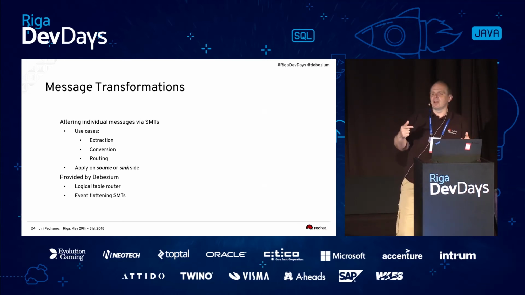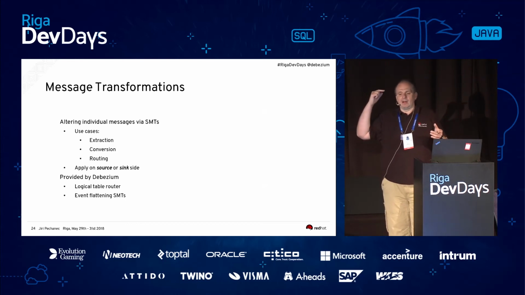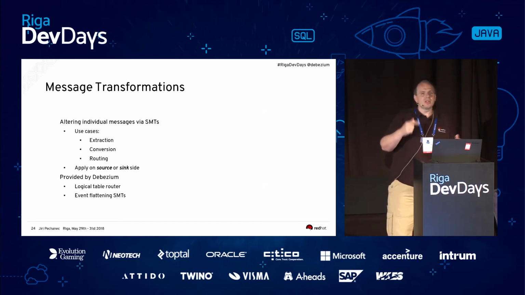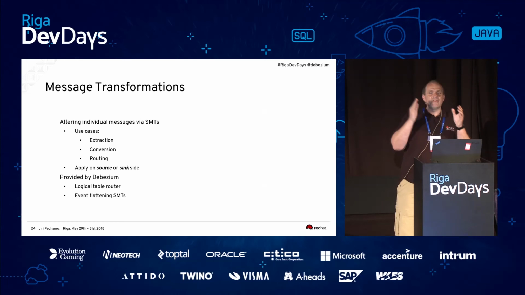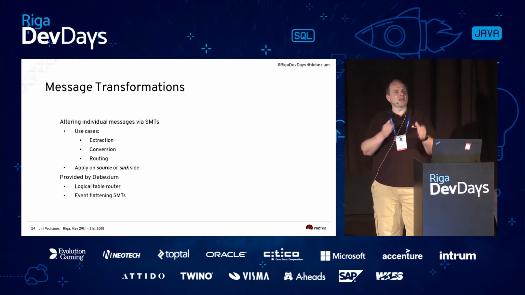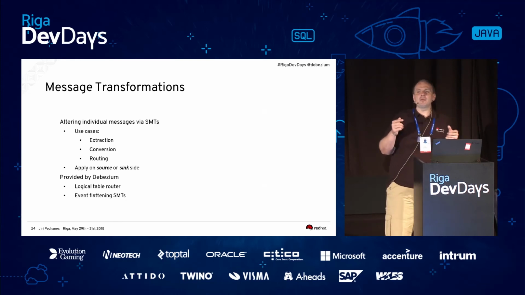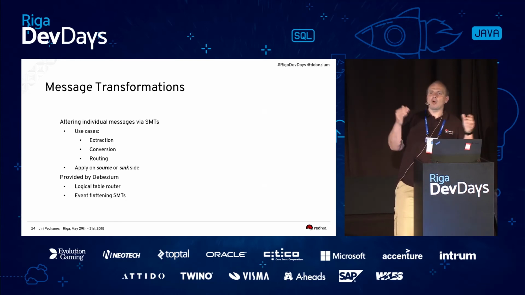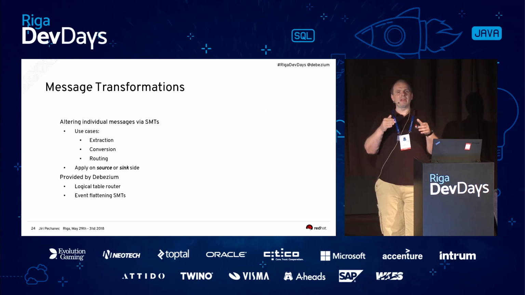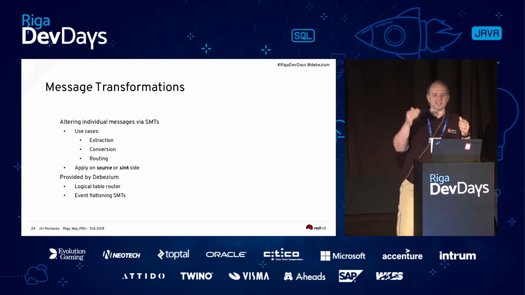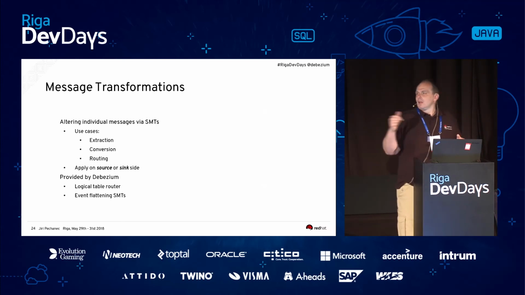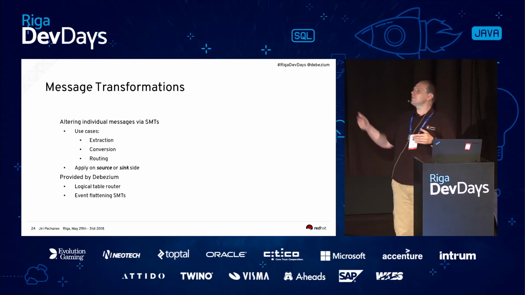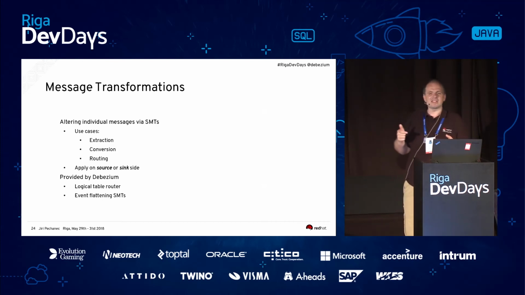And in this case, Debezium would send the events to separate topics according to each shard. This logical table router will help you to send all shards to a single topic to keep the changes as a single stream.